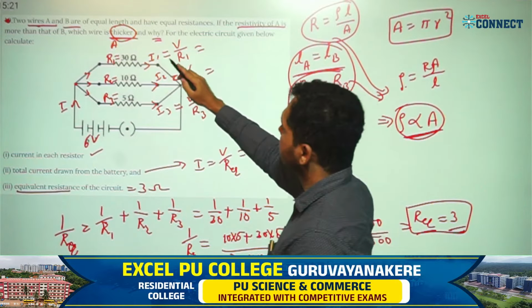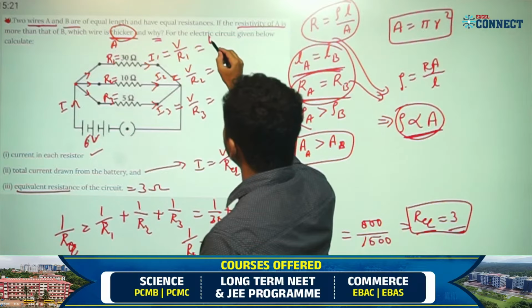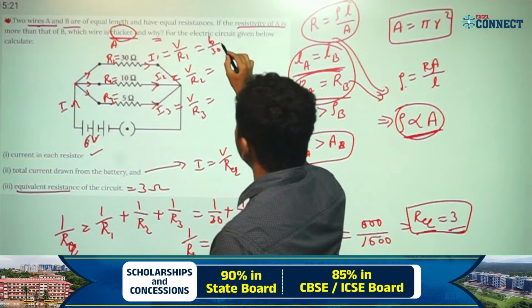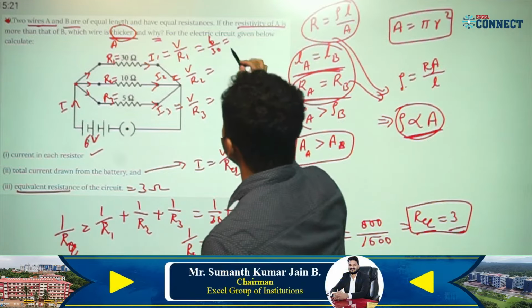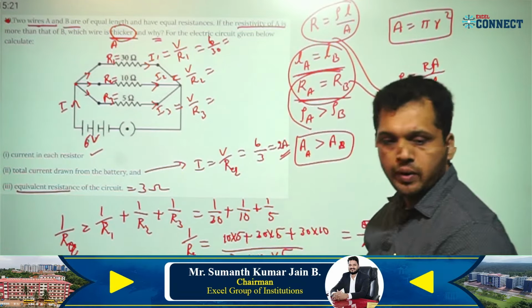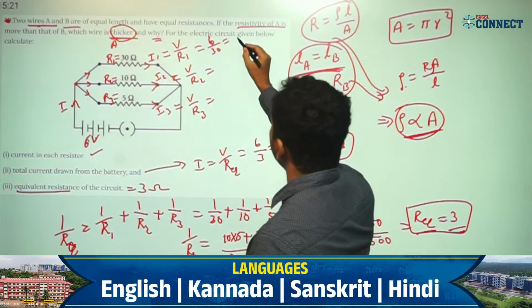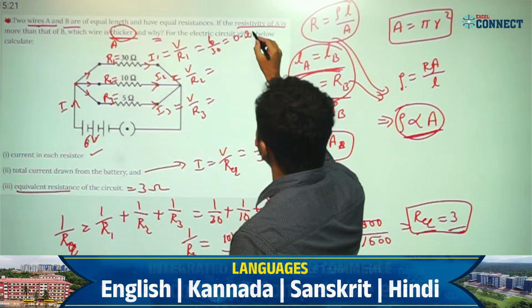Now V is 6, that is common here, 6 divided by the resistance here, 30. 6 by 30 is 1 by 5, which is 0.2 ampere.